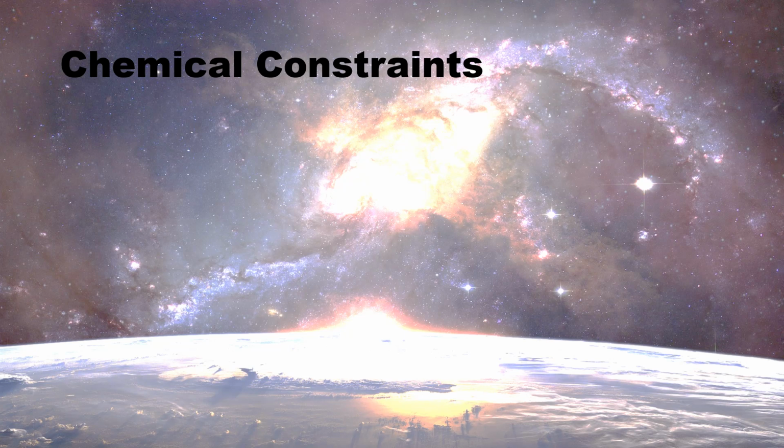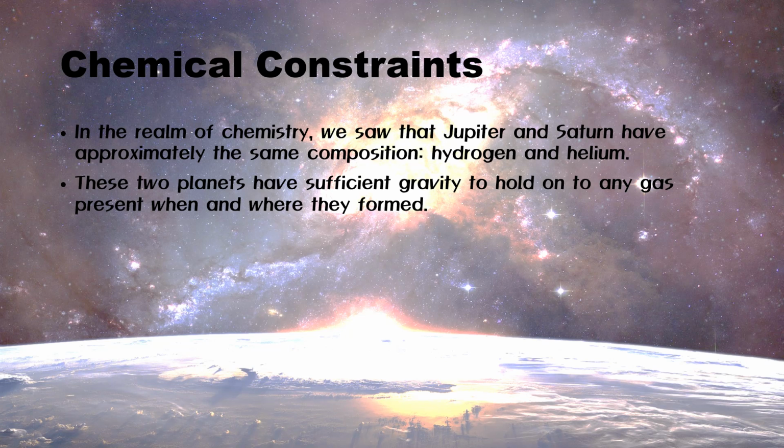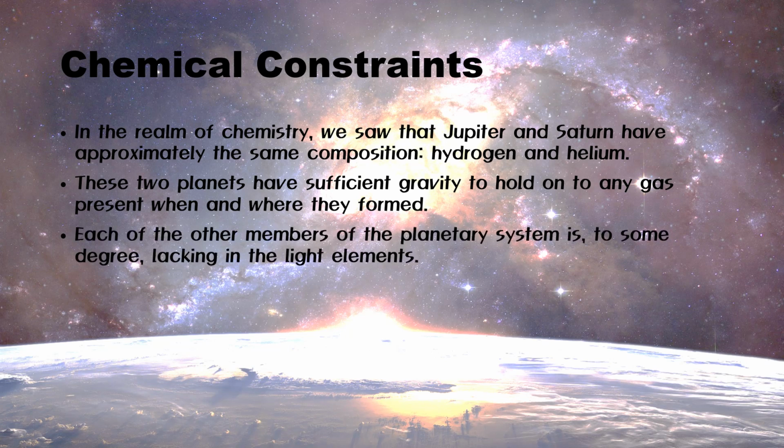If we look at the chemical constraints for our solar system, in the realm of chemistry, Jupiter and Saturn have approximately the same composition, hydrogen and helium. These two planets, of course, have sufficient gravity to hold on to any gas present when and where they formed. Each of the other members of our planetary system is to some degree lacking these lighter elements.